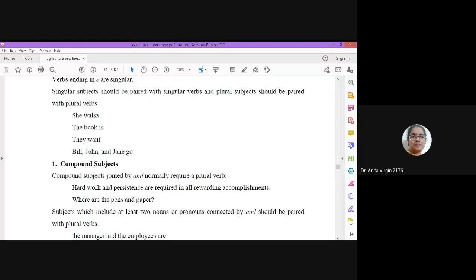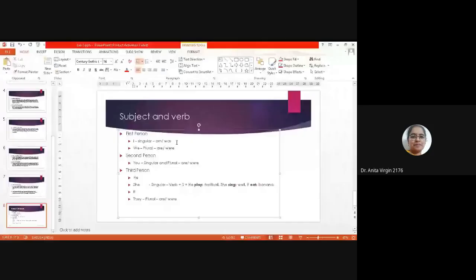Let me get back and show you once again. I didn't type the verb for you, isn't it? So you might get confused. Here, I have shown only these verbs. So you just imagine, we will see an example here.